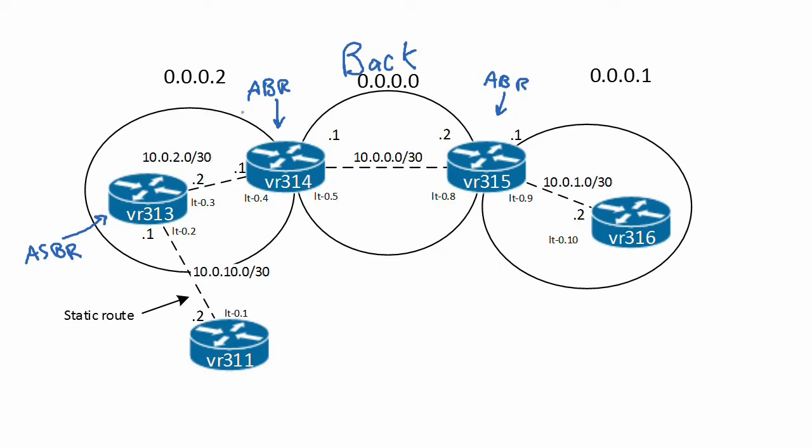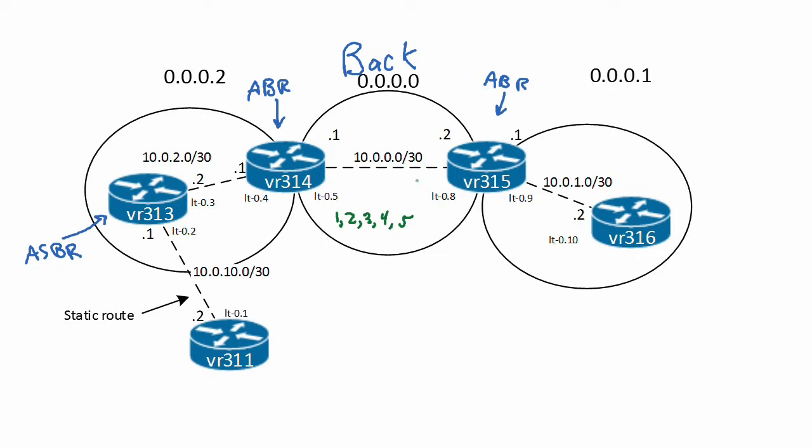Remember, areas are all about being more efficient with the LSAs and the flooding of the LSAs in the network. So here in the backbone area, we're going to see LSAs 1, 2, 3, 4, and 5. We have routers here. This is an Ethernet topology, so the 2s will come in because these are going to define themselves as designated routers and backup designated routers.